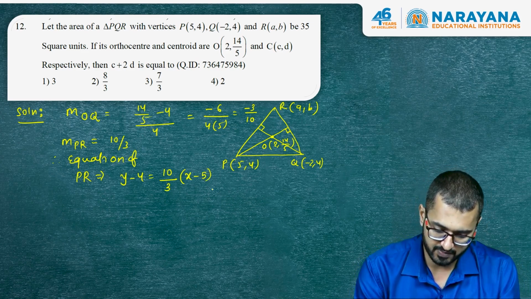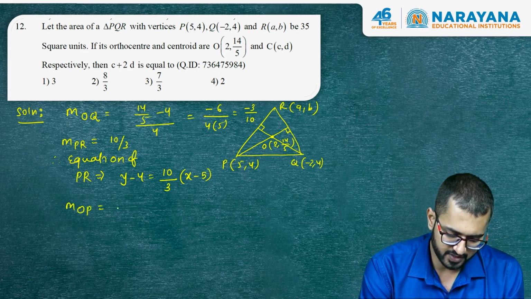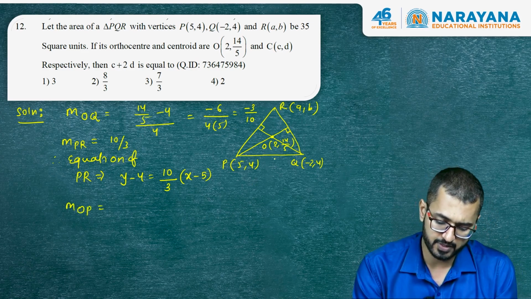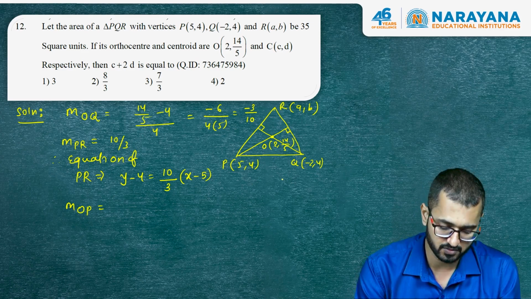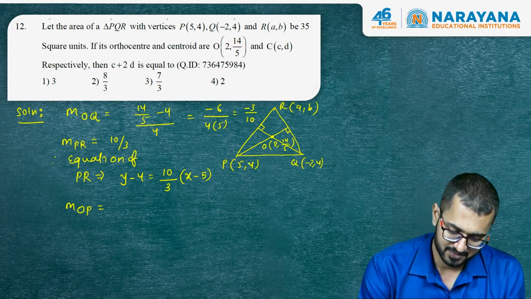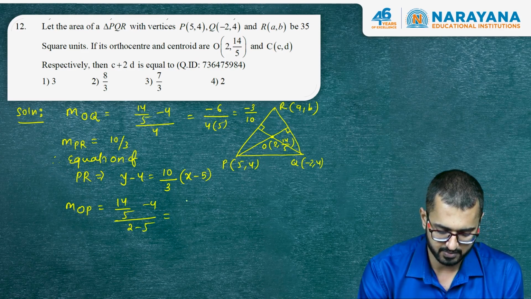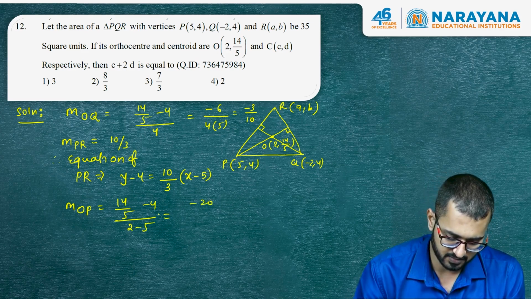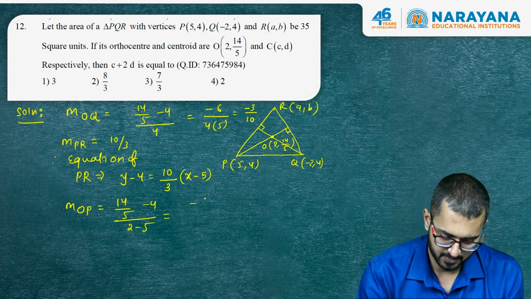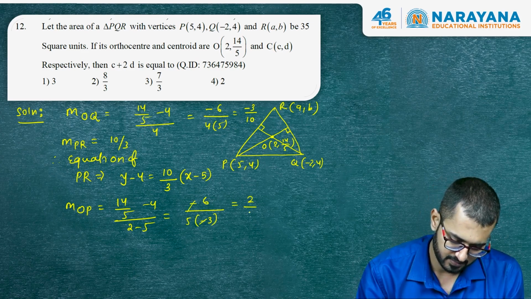Now the same logic we will apply and find the slope of OP. Once we get the slope of OP, I can get the slope of QR. So let's find the slope of OP. m of OP will become 14 by 5 minus 4 over 2 minus 5, which is 14 minus 20 over 5, so minus 6 over 5 into minus 3. So this gets cancelled, we get 2 by 5.